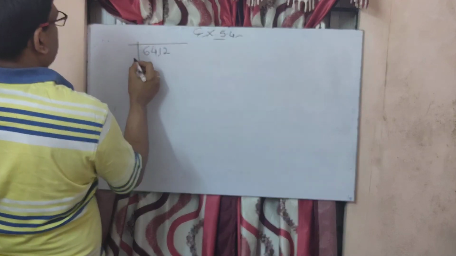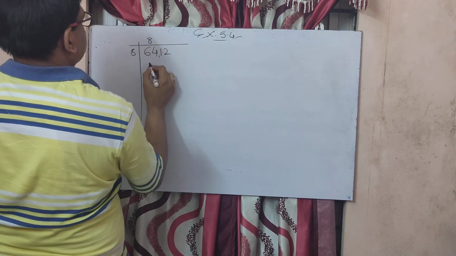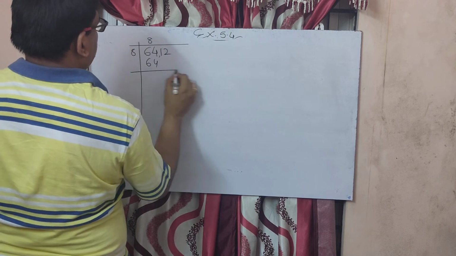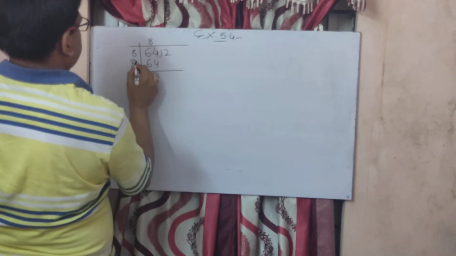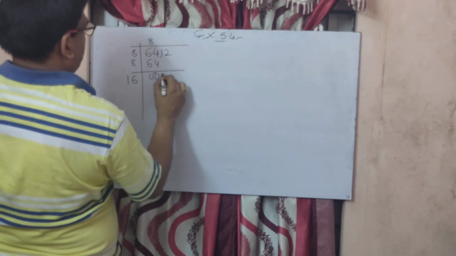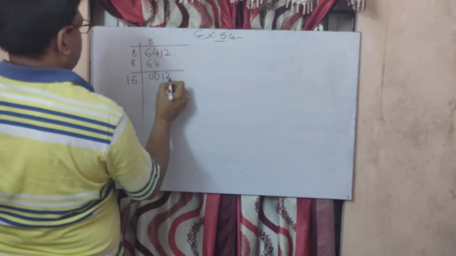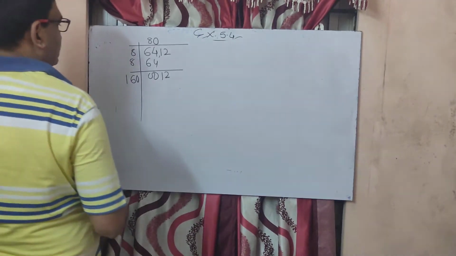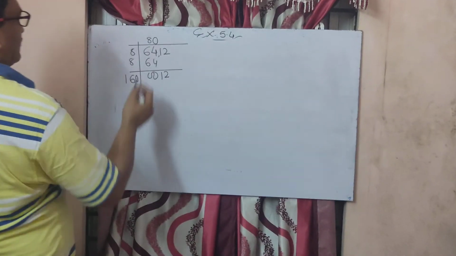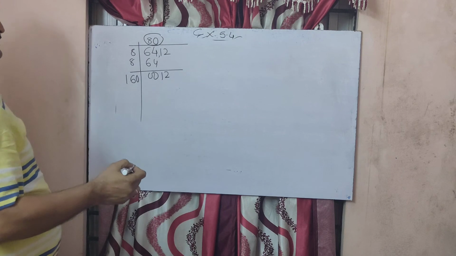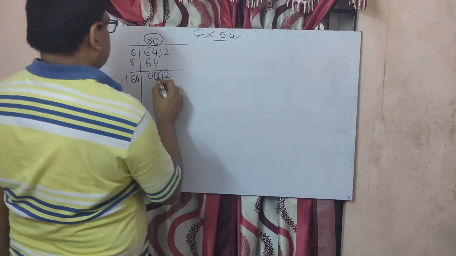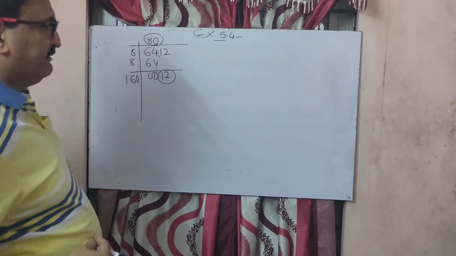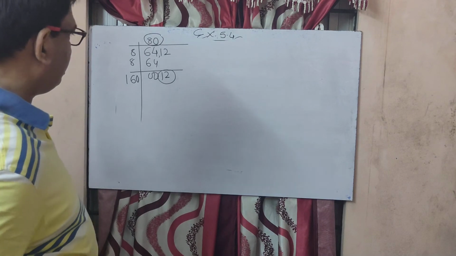Now again 2 2. 8 8s are 64. Now 0 is there. 8 8 16. How much is it? Take 12. Less than this, put 0 here. So now 80. So what is the balance here? 12 here.